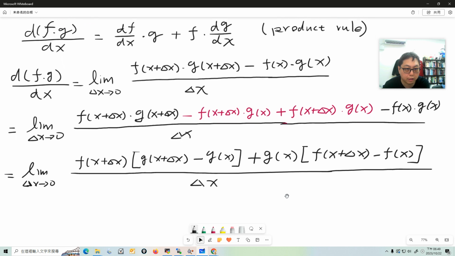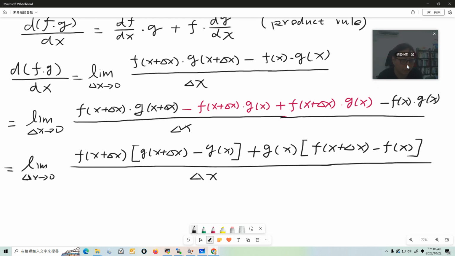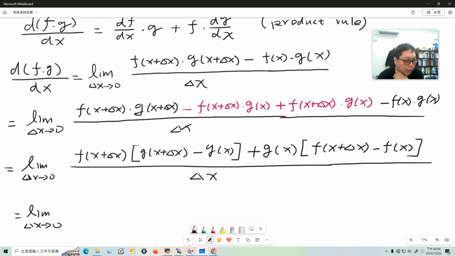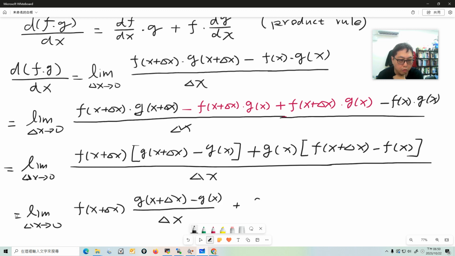If you are sharp enough, you already know the answer. Let me just distribute: f of x plus delta x times g of x plus delta x minus g of x, plus g of x times f of x plus delta x minus f of x.